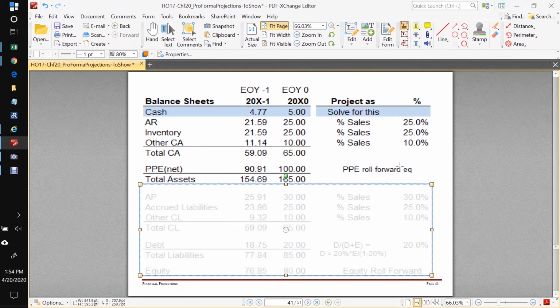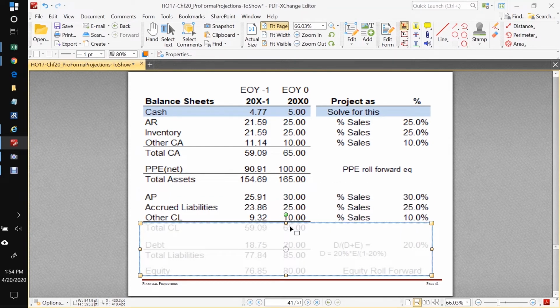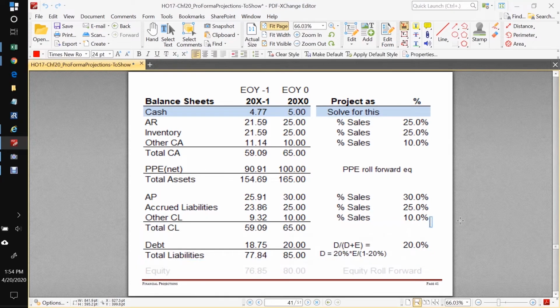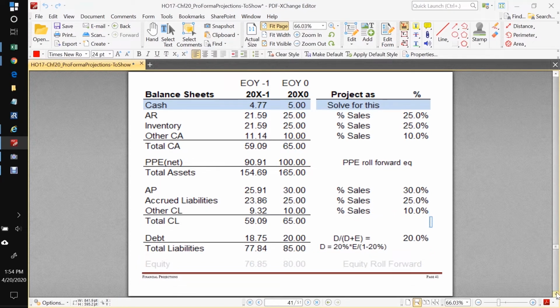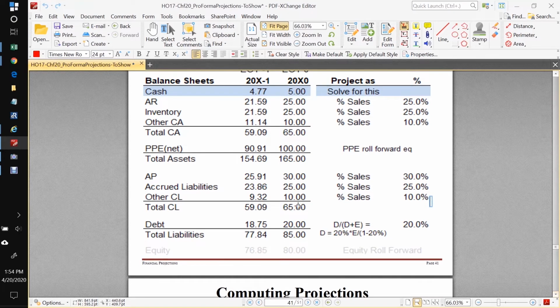Our PPE net comes from our roll forward equation. All these current liabilities have no special rules or dictates for them, so they're going to remain as a constant percent of sales. And as far as the debt goes, they want to retain this debt to cap ratio. They don't want to become more levered or less levered.